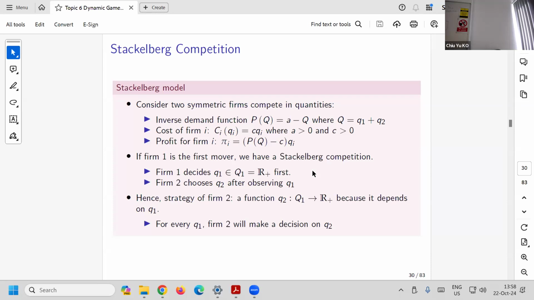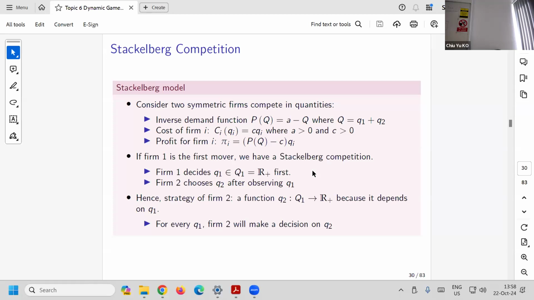Do note that firm two's strategy is not a number, but a function, which says if firm one produces 10, firm two produces 1. If firm one produces 8, firm two produces 1. So it's a function. For every production level of firm one, you have to tell me firm two's response.